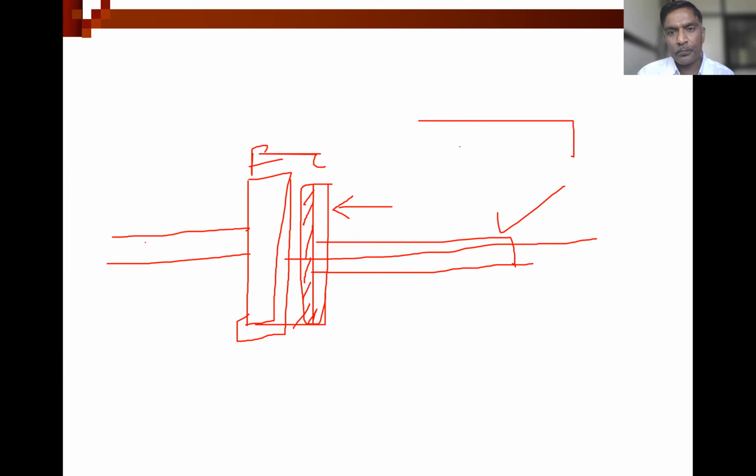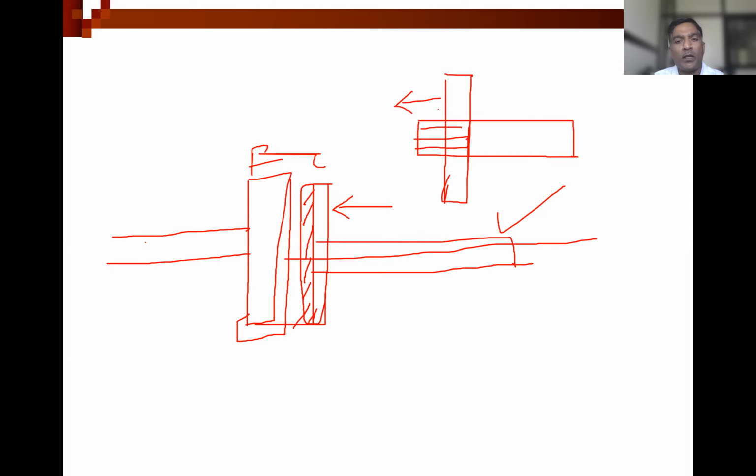So for that, such splines are provided, and now the clutch plate is able to move in this direction. Again, how to keep the pressure on the clutch plate? For that, there is a pressure plate. How to maintain the pressure on the pressure plate? For that, springs are provided.